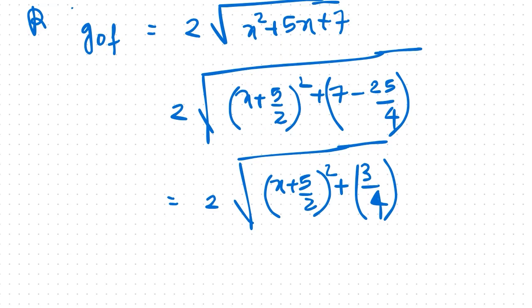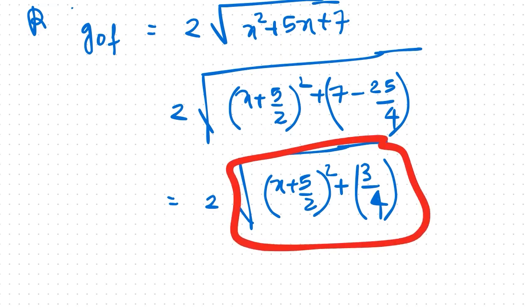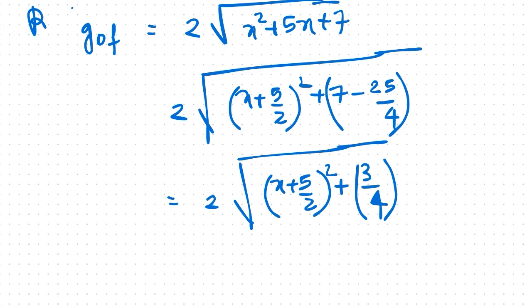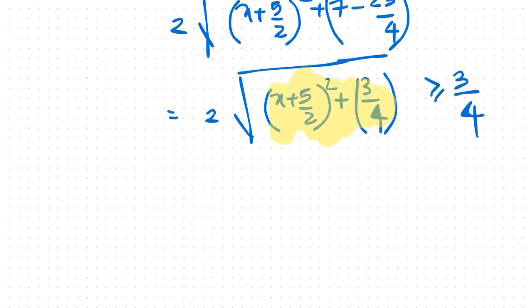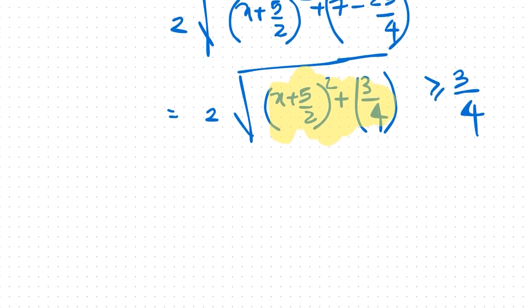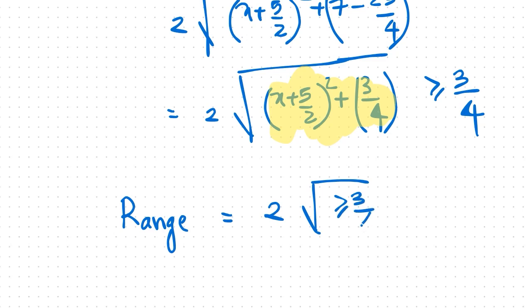So the value inside the bracket and inside the square root is greater than or equal to 3 by 4. The minimum value of this quadratic is greater than or equal to 3 by 4. Since there is a square root, the range will be 2 times the square root of something greater than or equal to 3 by 4. So it's 2 into a number greater than or equal to root 3 by 2. Multiplying by 2, so the range is greater than or equal to root 3.